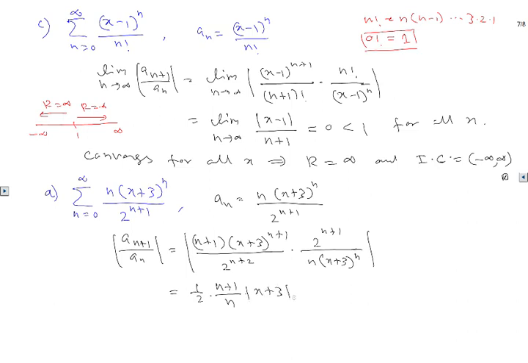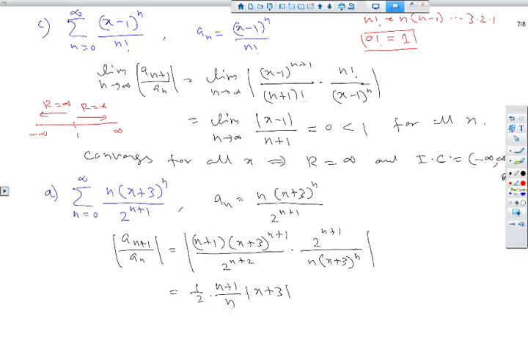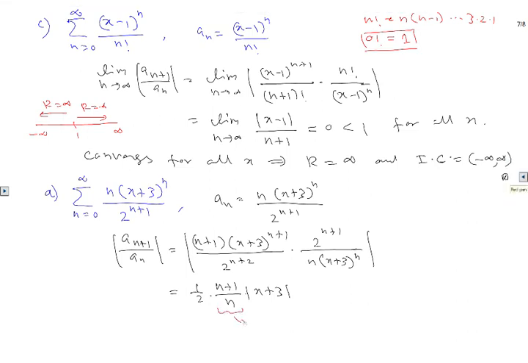So you can see that when n goes to infinity, this one goes to 1, right? That means the ratio goes to the absolute value of x plus 3 divided by 2 as n goes to infinity. That's going to be the limit.